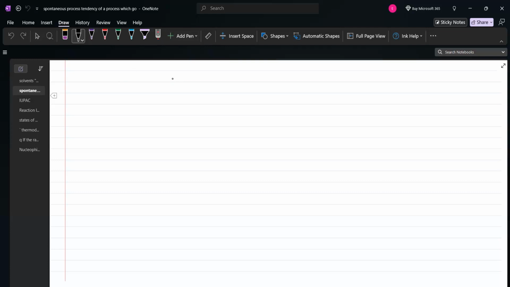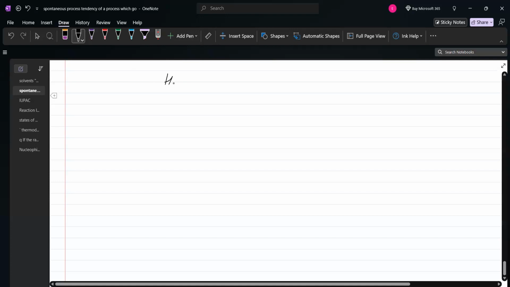So finally we will get Gibbs free energy. For example, H2 plus O2 gives H2O gas. Here the enthalpy is negative. This is only an example so that you can understand it well.